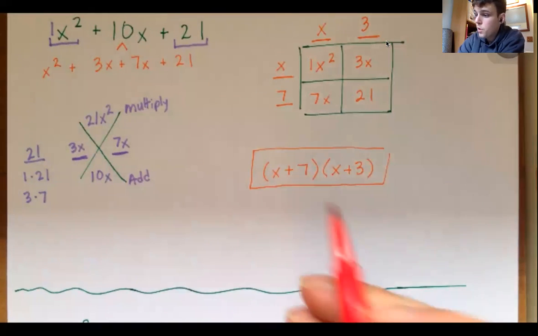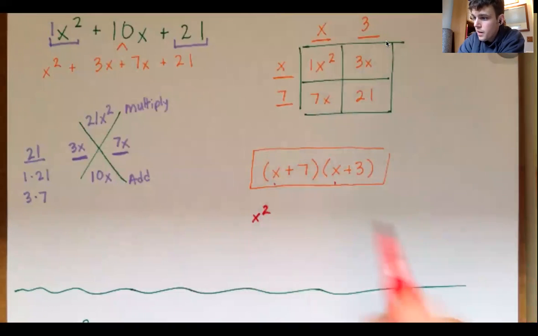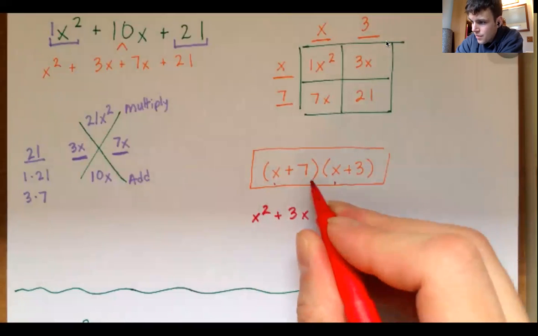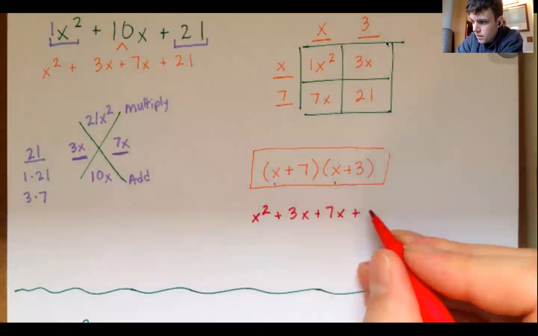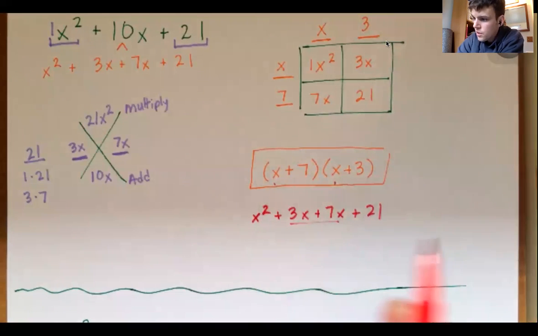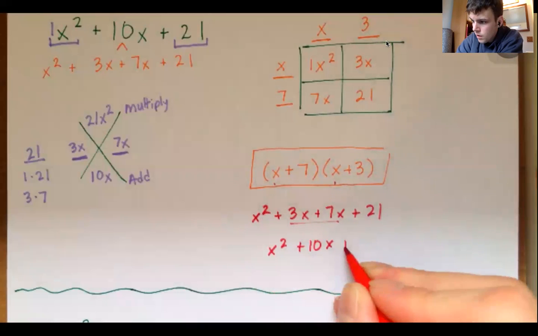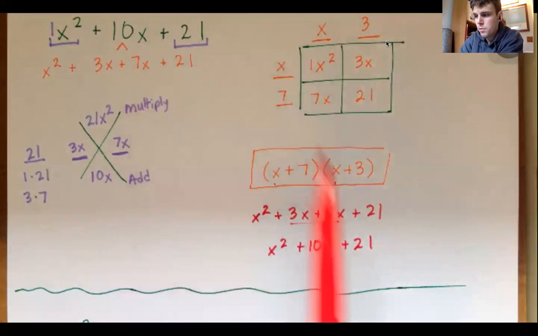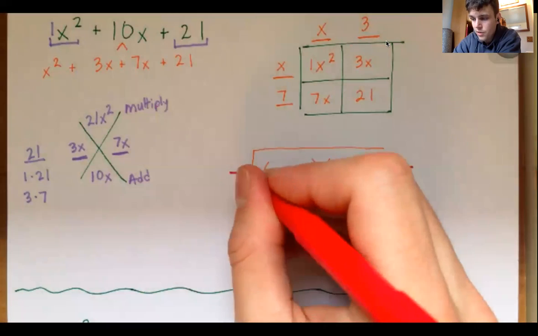But if I want to go ahead and multiply this out, x times x is x squared, x times 3, 7 times x, 7 times 3, combine the like terms, and there you go. It's the same as our original problem. So this is the correct answer right here. This is the correct factoring of that original.